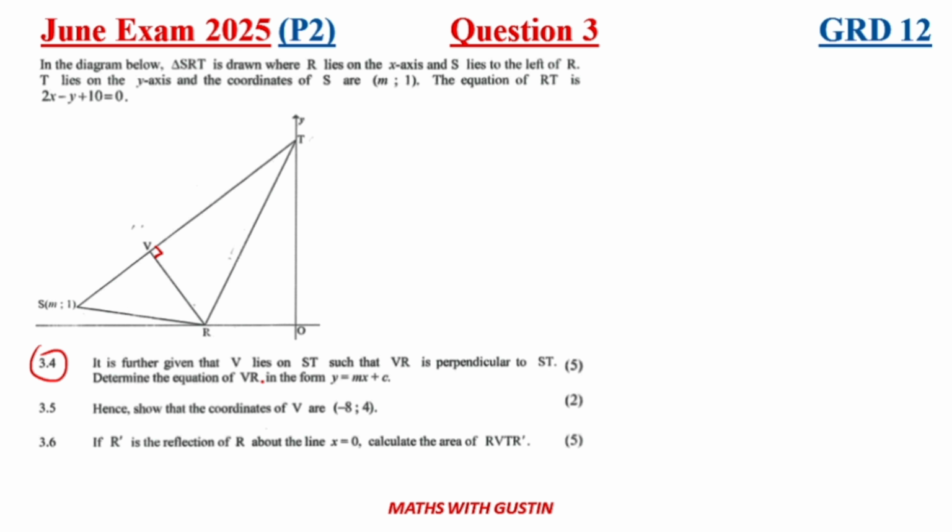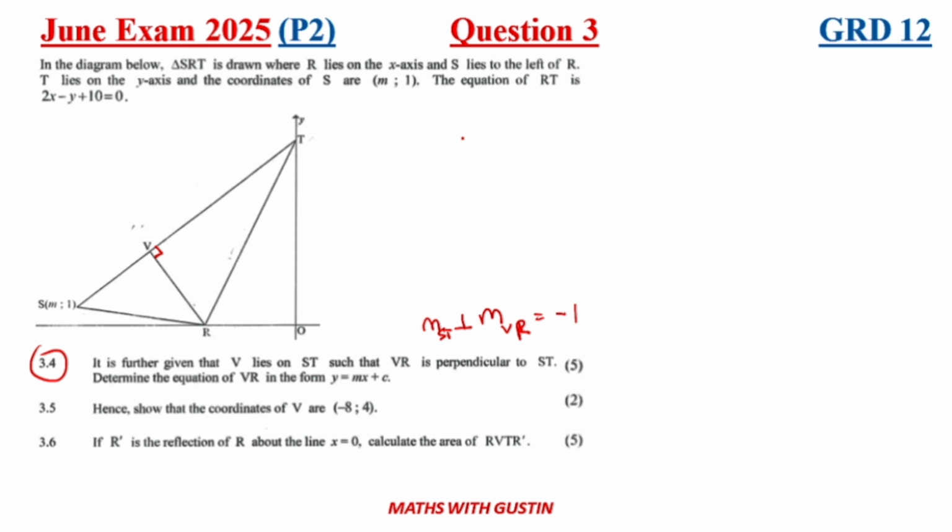Write this and determine the equation of VR in the form y = mx + c. Now, if you know perpendicular, it means the gradient of ST is perpendicular to the gradient of VR. Mathematically, it means that the product of the two gradients will give us -1. So if we multiply the two gradients, we'll get -1.